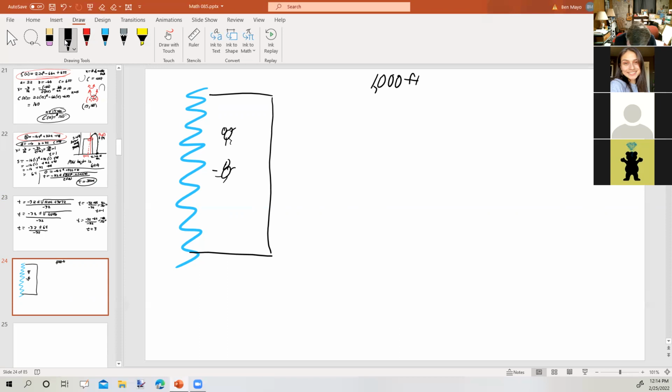Okay, now we've got 1,000 feet of fence, and we want to build 3 sides of a rectangle, but the cows are going to be grazing on grass in this area. So we want to maximize the area of that rectangle. Okay, now consider this.